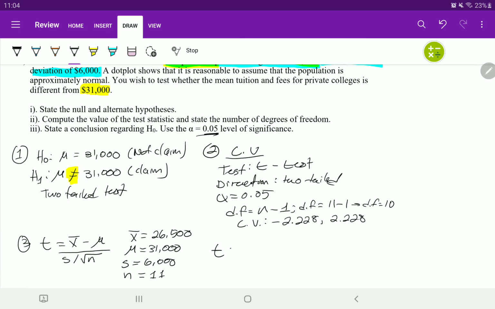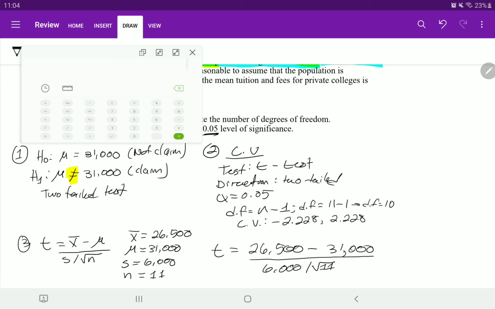So t is equal to, and you're going to round the final answer to 3 numbers after the decimal, 26,500 minus 31,000 divided by $6,000, which is divided by the square root of 11. Let's plug that bad boy into the calculator. Use parentheses. So 26,500. My apologies. Minus 31,000.